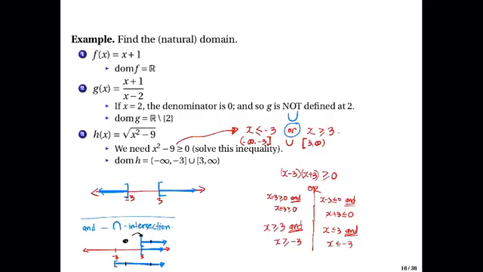So this x is both on this ray and on this ray. Basically, we just intersect this ray with this ray, and the result is just x greater than or equal to 3. That's why on this side you only get x greater than or equal to 3 as the solution.